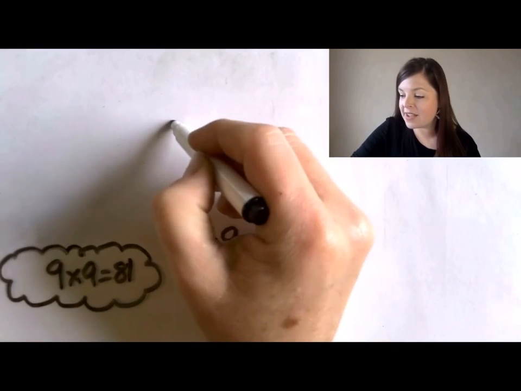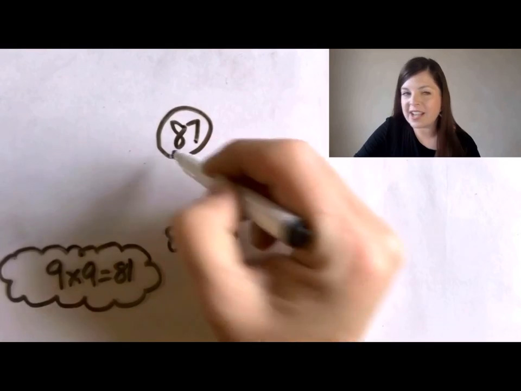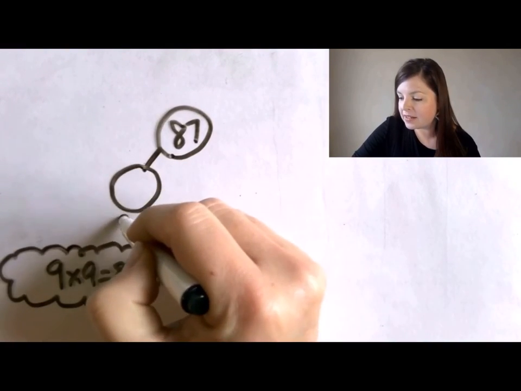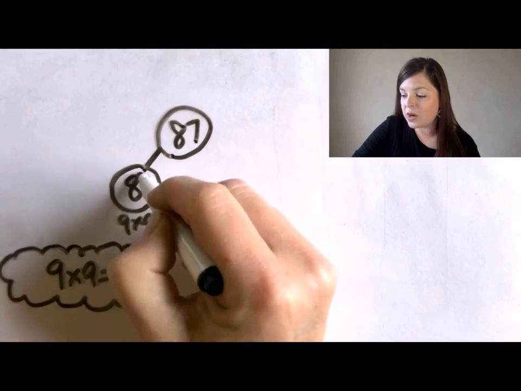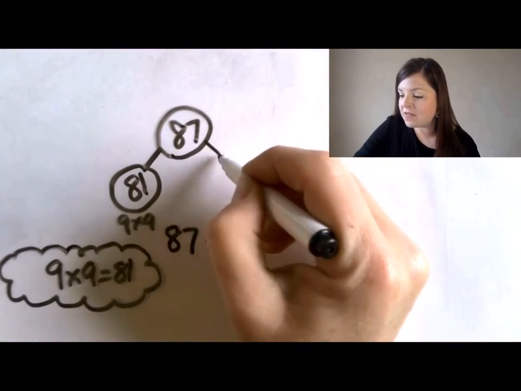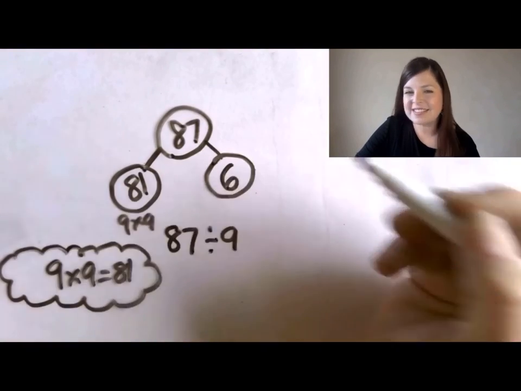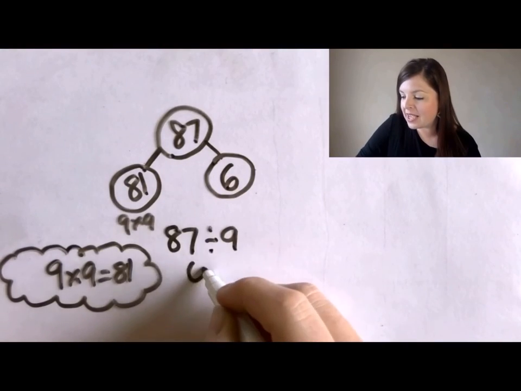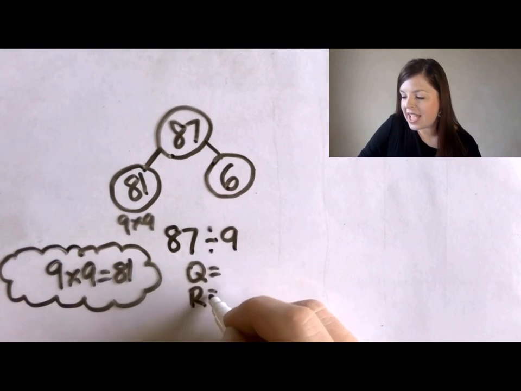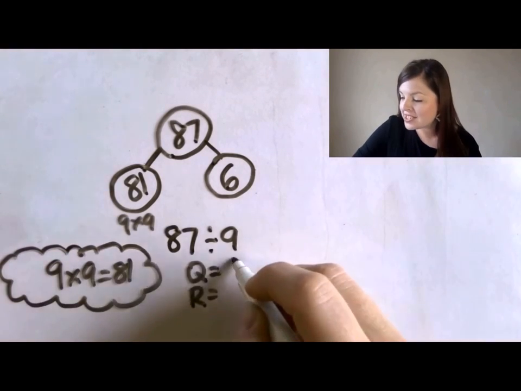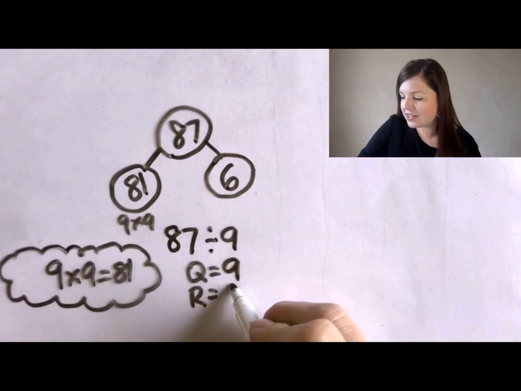So if 87 is the whole amount we're dividing, we can pull out 9 groups of 9, which is 81, and then how much of the 87 is left? 6. So 87 divided by 9, what's the quotient and what's the remainder? The quotient is 9 and the remainder is 6.